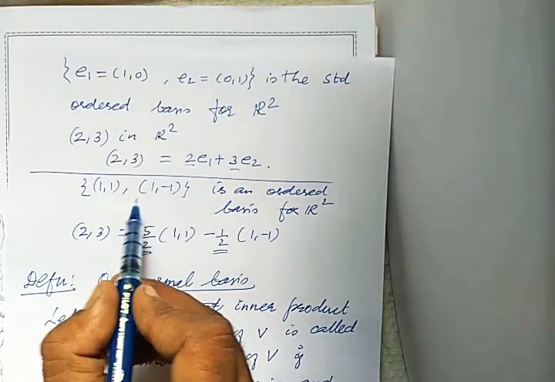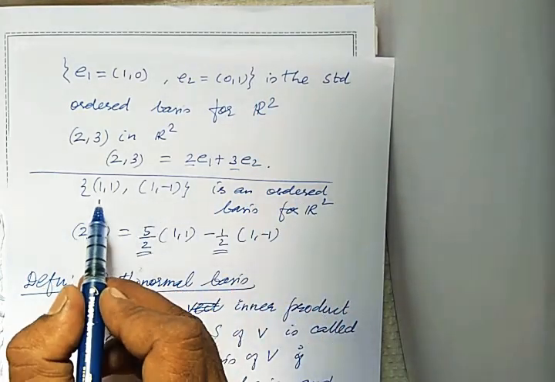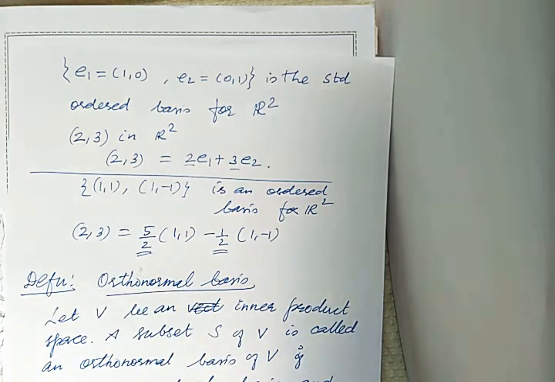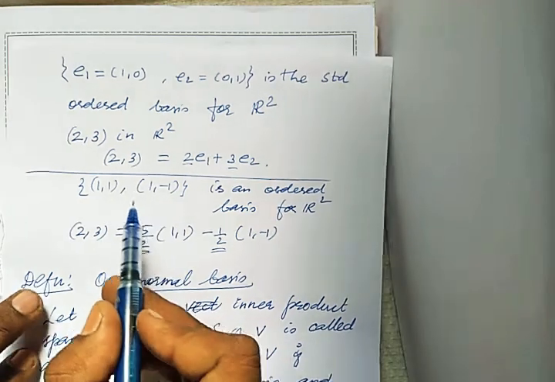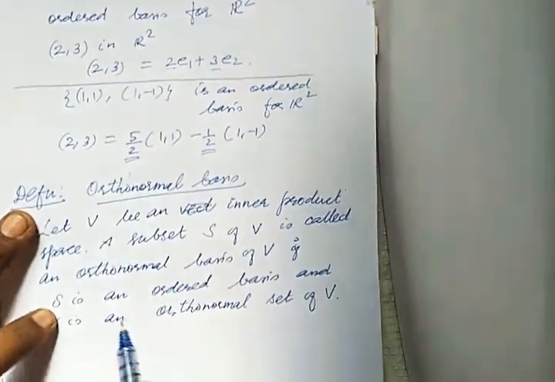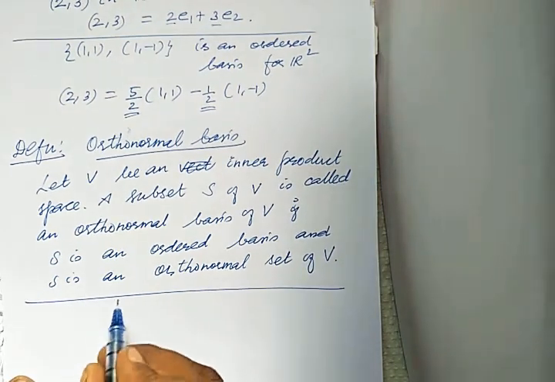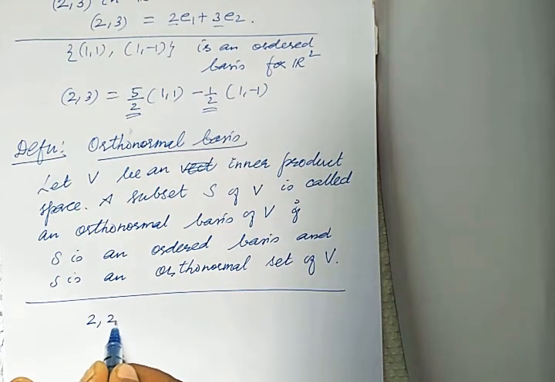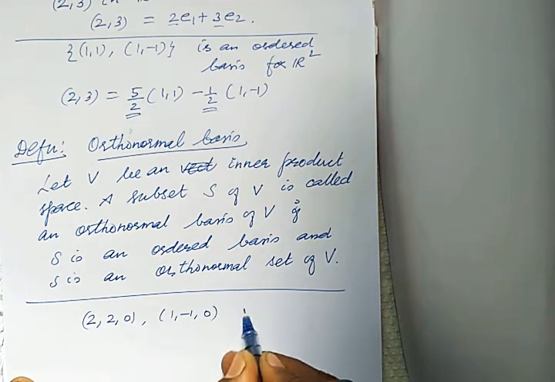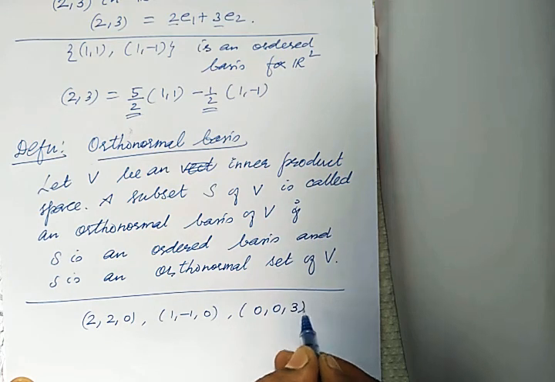See this one. This is an ordered basis, but these are not unit vectors, right? But these two are orthogonal to each other. For example, consider this one. Already we have seen (2, 2, 0), (1, -1, 0) and (0, 0, 3).